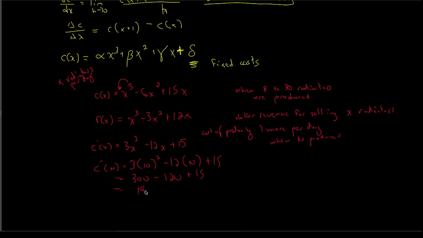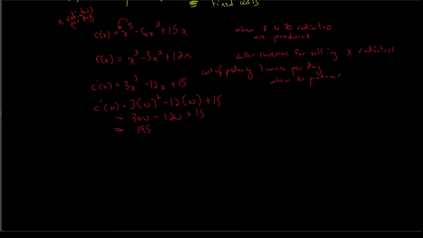Or what is it, 195? So the cost is 195. And so the marginal, the additional cost is about $195 to add one more radiator to production.